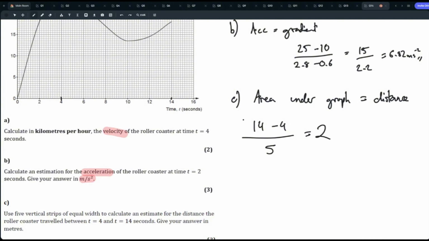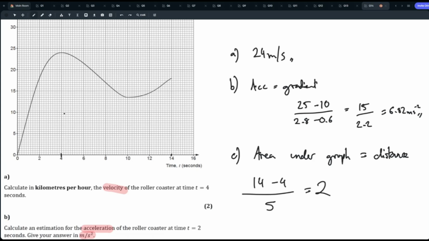What it's saying is that we need to go 2 units for every single strip. So I'm just going to draw those straight lines in. We're going to go from there to here, and then from there to there. Let's do that a little bit better. So we're going from there to there, and there to there, and then just nearly there.